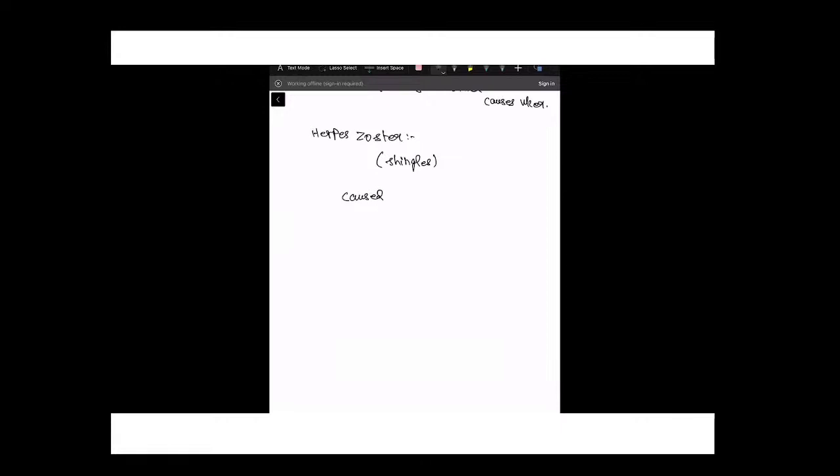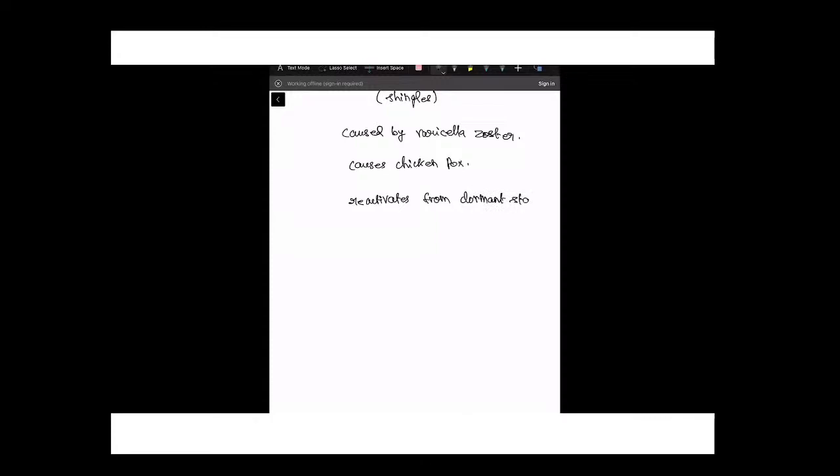Herpes zoster is caused by varicella zoster, which causes chickenpox. This chickenpox will settle down, but it can reactivate from a dormant or sleep state during. Can anyone tell me during which time it can reactivate from the dormant state?